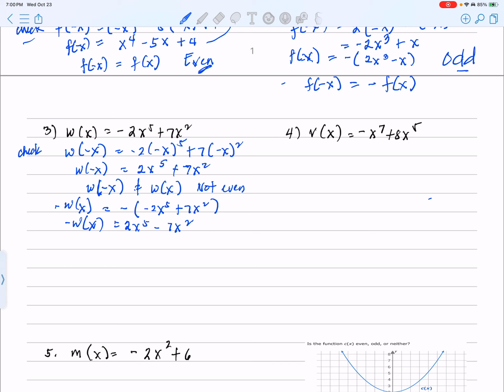So that means w of negative x is not equal to the negative of the function given, because they are not equal. So this is not odd. Not odd, not even, that means it's neither odd nor even.